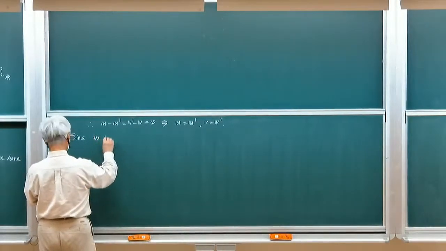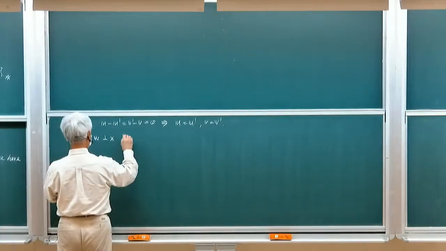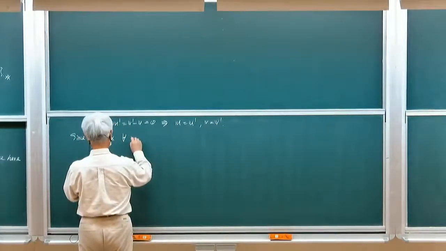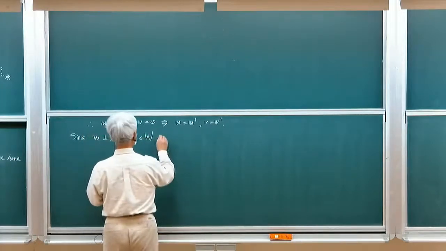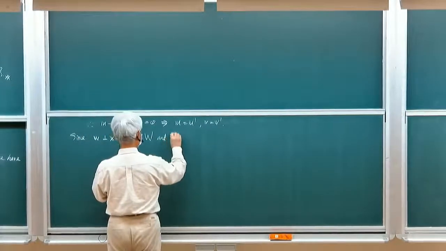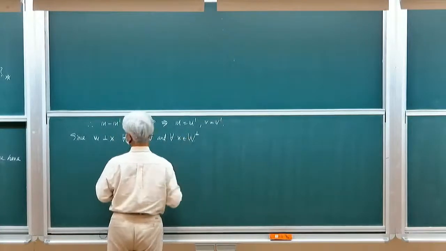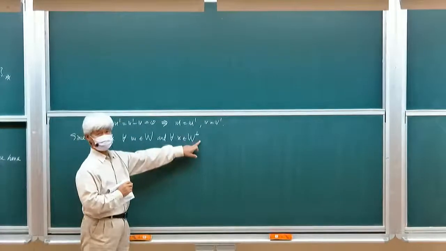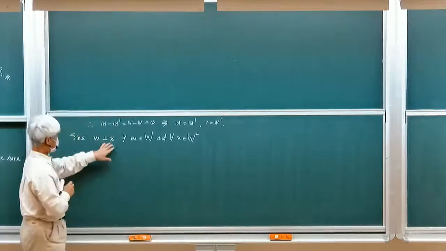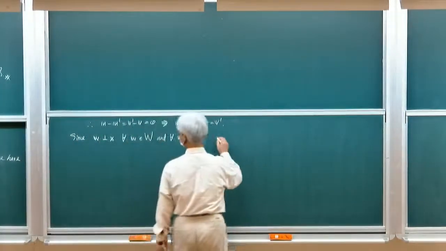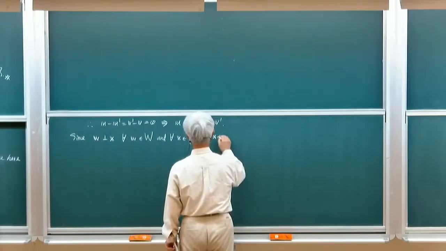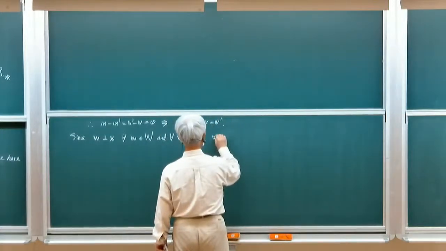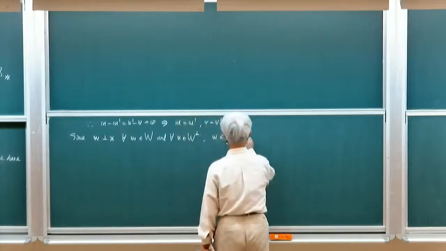We know any vector w in W and any vector x in the orthogonal complement of W are orthogonal to each other.